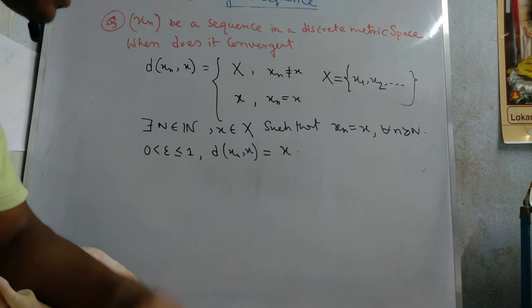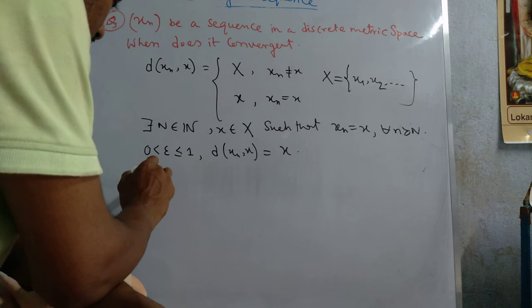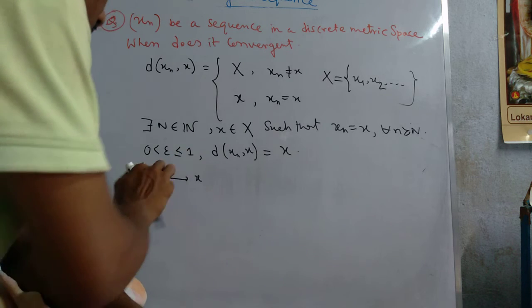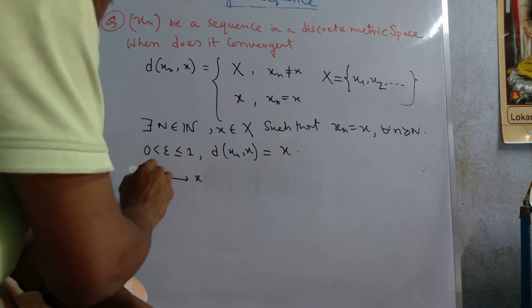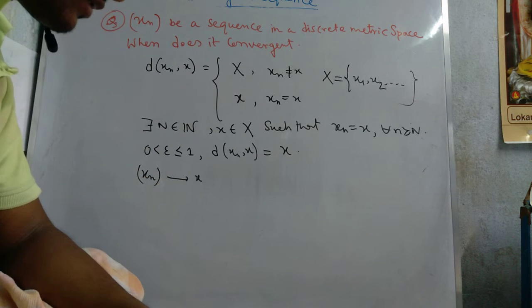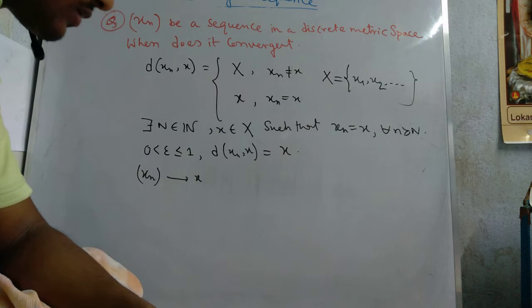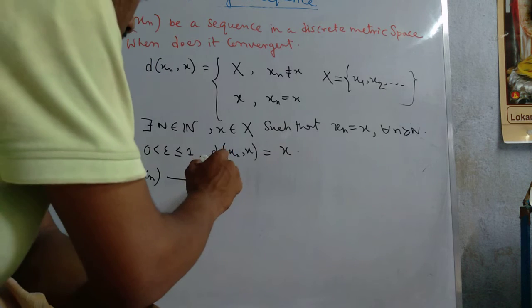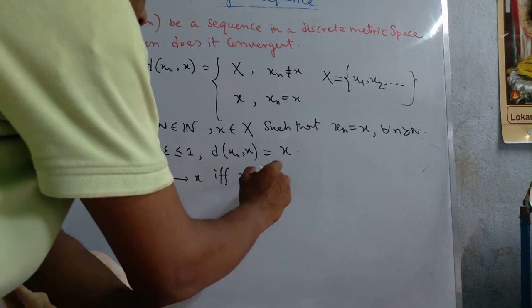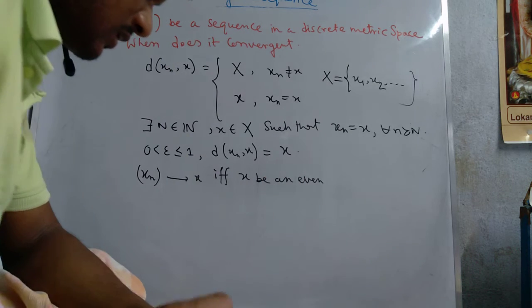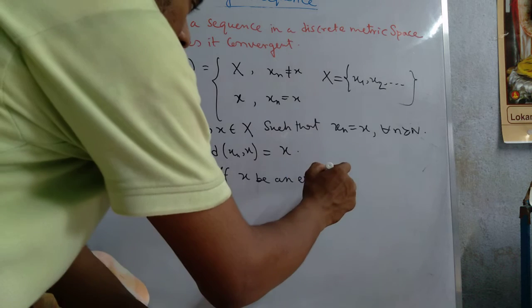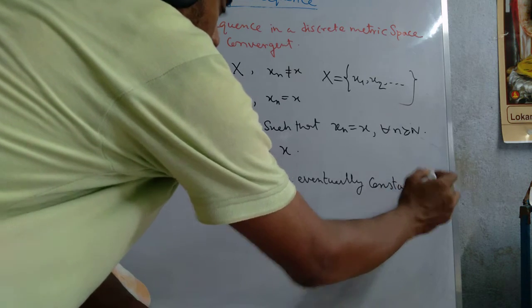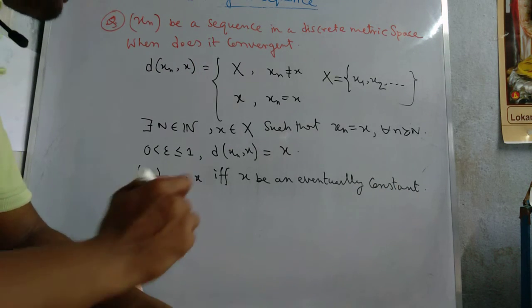Then xn converges to x. Okay, xn converges to x when this happens. This happens if and only if xn is eventually constant.